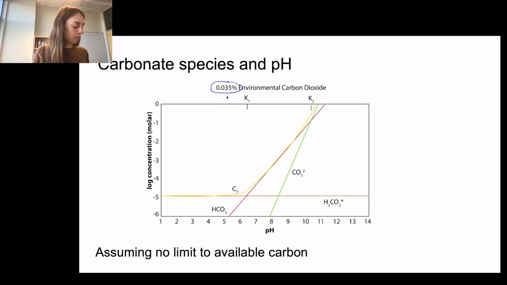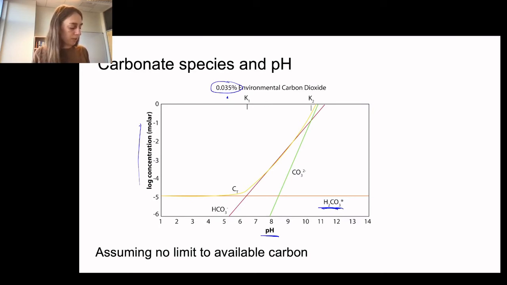So again, we have pH on the x-axis, and this is our log of our concentration of dissolved inorganic carbon species on our y-axis. And because our liquid and our atmosphere come into equilibrium, we have a fixed amount of carbonic acid. In this case, we're calling it H2CO3 star, so carbonic acid, which is also that plus our dissolved CO2.